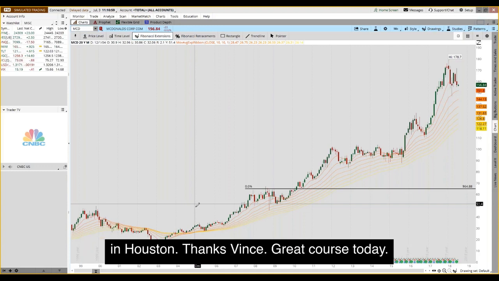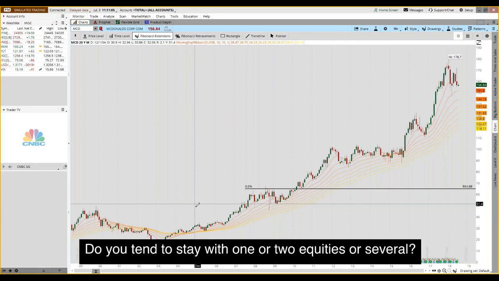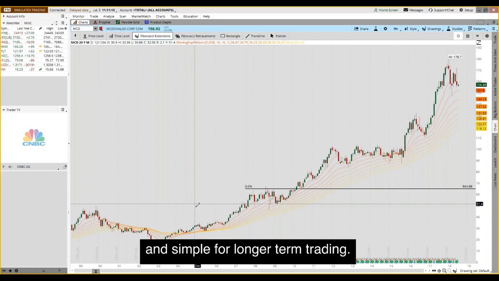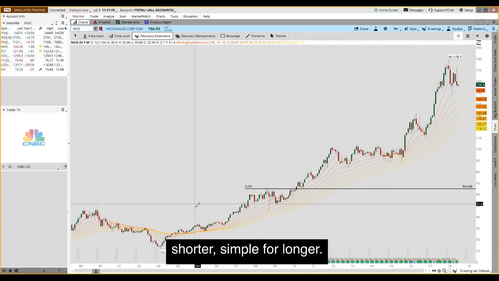Great course today. Sam and Katie, Texas, Vince, regarding day trading, do you tend to stay with one or two equities or several? And Juan was also asking, are exponentials better for short-term trading and simple moving averages for longer-term trading? Yes, so exponential for shorter, simple for longer.